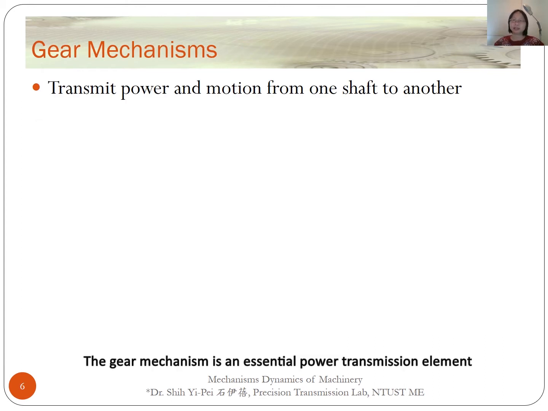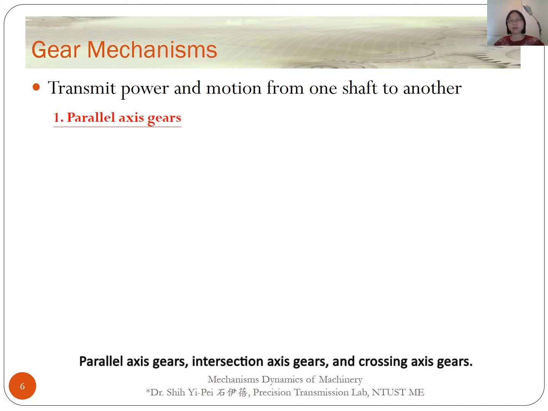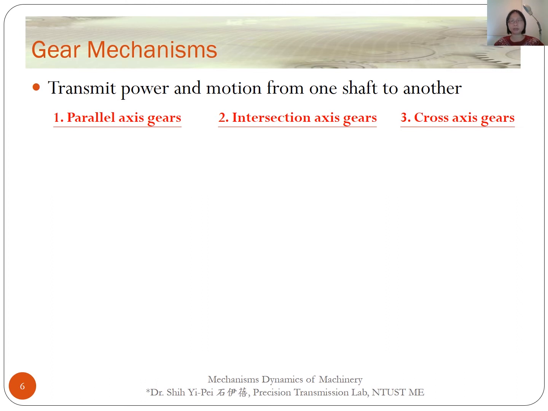The gear mechanism is an important power transmission element that can transmit power and motion from one shaft to another. Transmission systems use many types of gear mechanisms. They are classified into 3 groups: parallel axis gears, intersecting axis gears, and crossed axis gears.